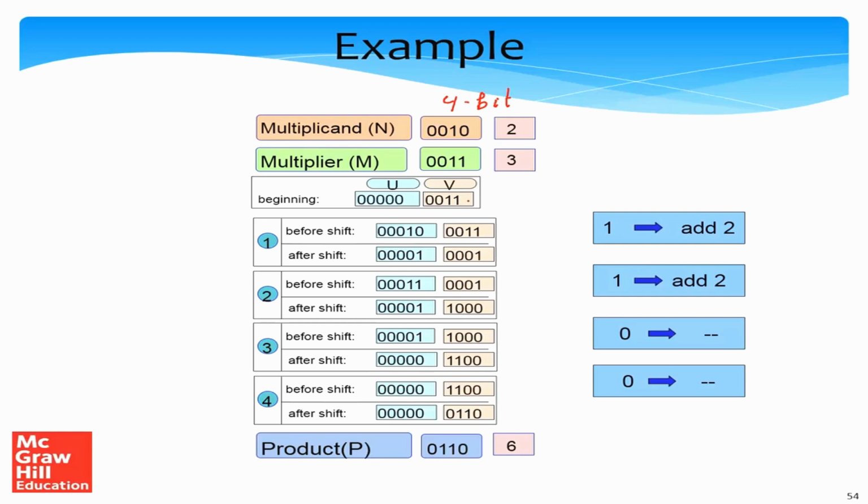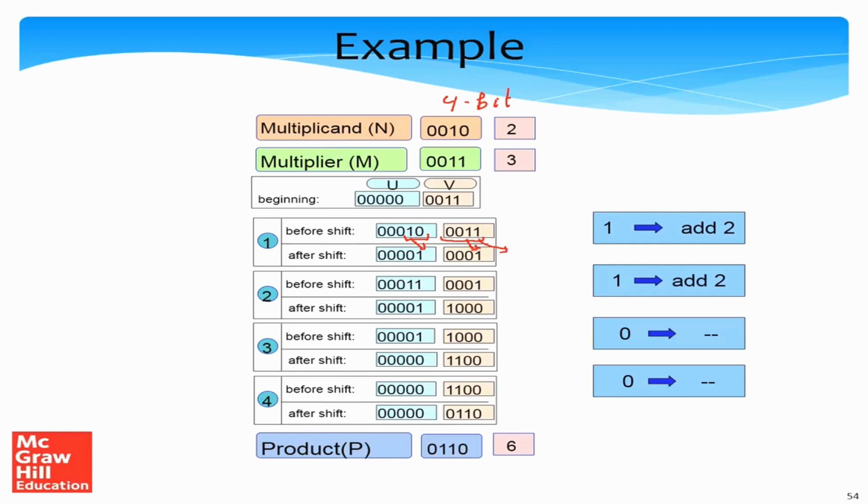The LSB is 1, so we will add the multiplicand, 2, to register U. So before the shift, we have 0, 0, 0, 1, 0, because the multiplicand is added, and we have the multiplier, which is 0, 0, 1, 1, which was already loaded at the beginning. Then we do a right shift. Right shift means that this bit will come here and this bit will come here and this bit will essentially fall off.